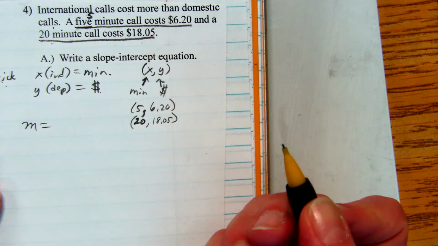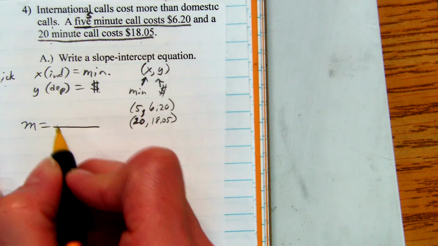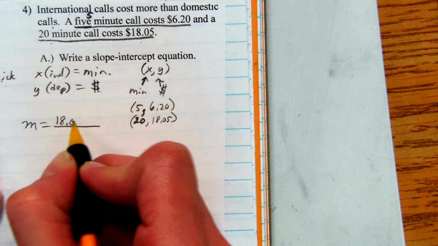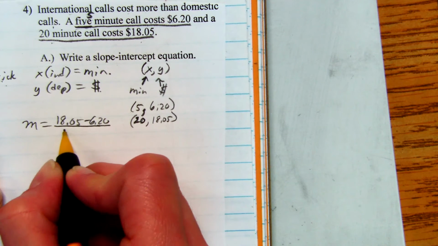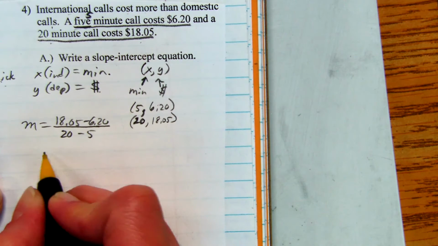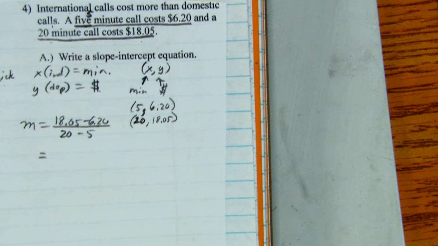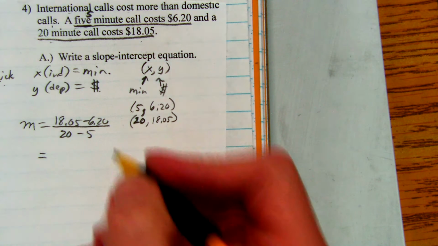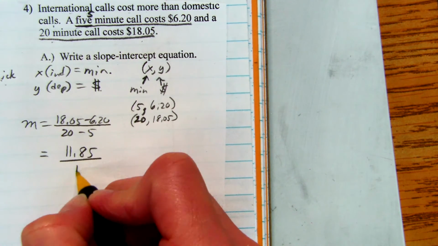Okay? So M equals. We always put the Y's on top, so we're going to start with the dollars. So we're going to subtract 18.05 minus 6.20 on the top, and then we're going to take 20 minus 5 on the bottom. 18.05 minus 6.20 is 11.85. 20 minus 5 is 15.